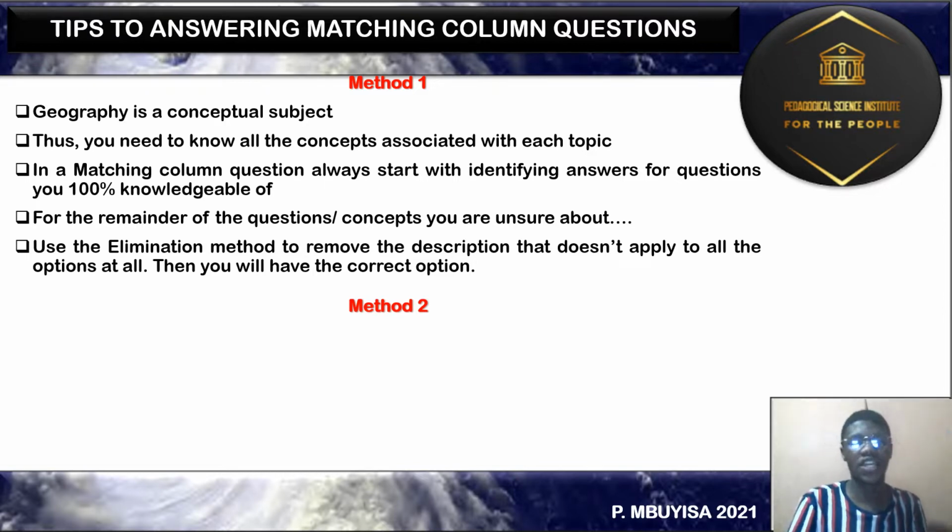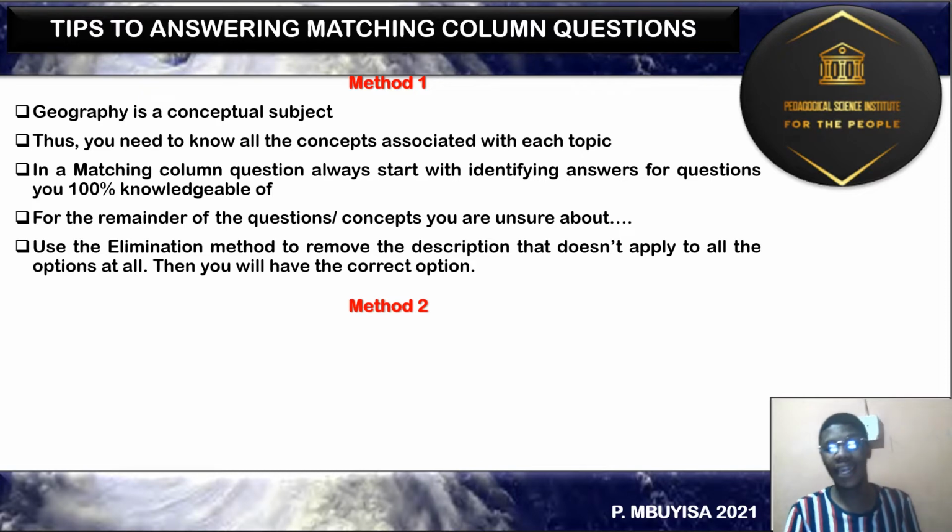So you need to know all your concepts associated with each of your topics, so you are able to answer the questions. So we say that in a matching column question, always start with identifying answers for questions you are 100% knowledgeable of. So if you are given a set of descriptions, just try to match concepts that you know, or you're 100% sure of, and that will leave the ones that you are unsure of. Then you can use the elimination method to remove the concept that doesn't apply to the description, or the description that doesn't apply to the concept being asked, depending on how they arrange it.